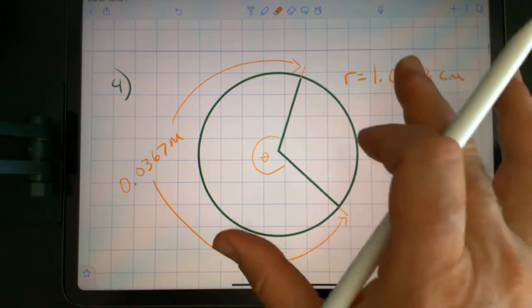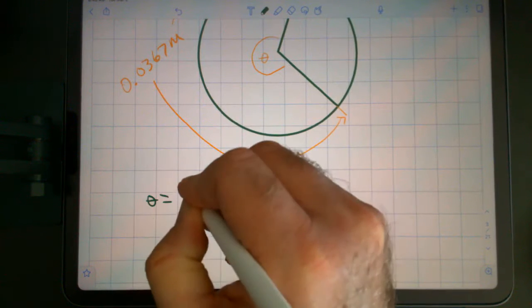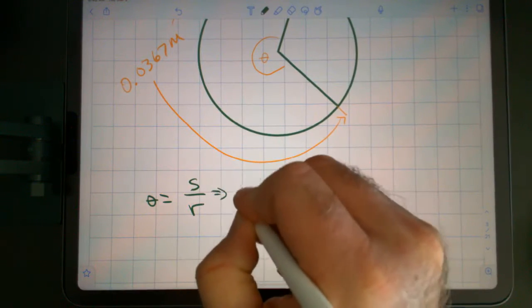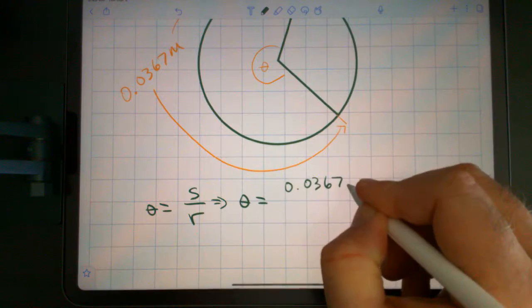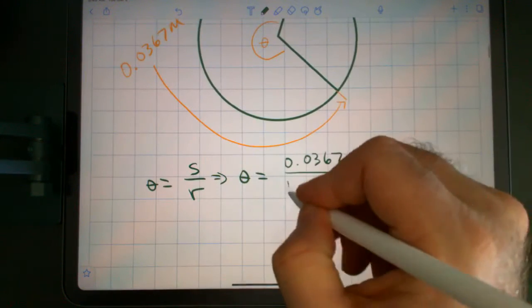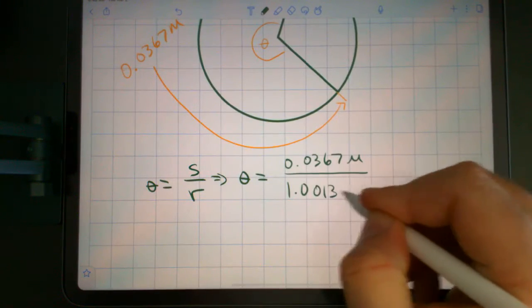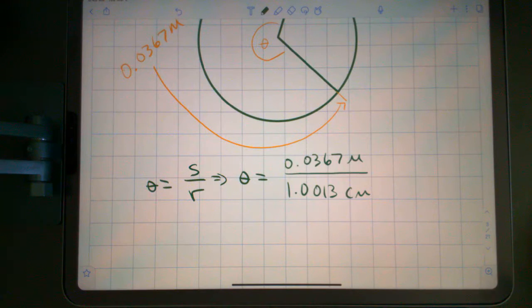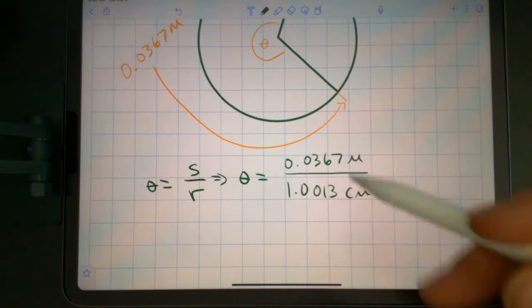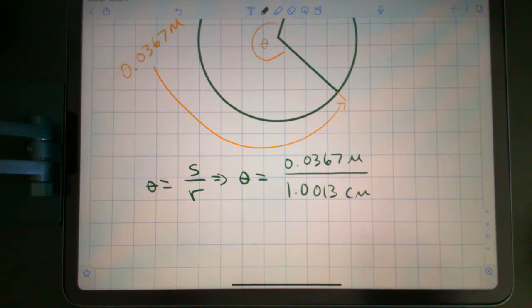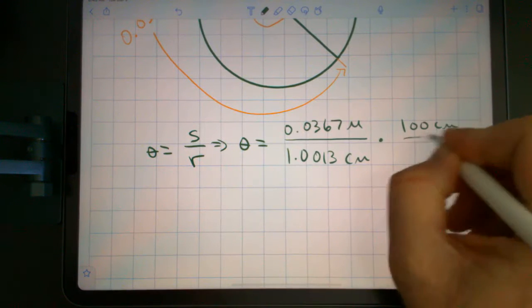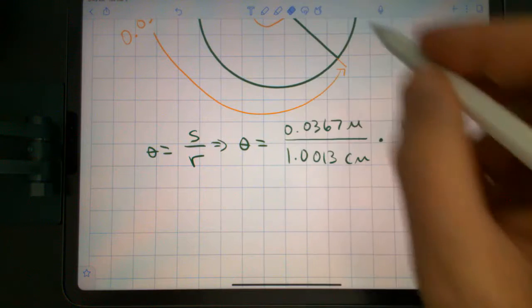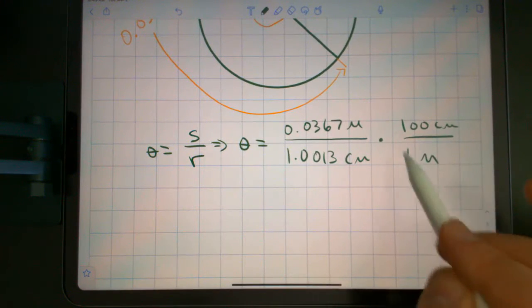All right. This next one here, we have theta is equal to the side length divided by the radius. Here the side length is in meters, and our radius is in centimeters. Technically it doesn't matter which unit you end up with, but the units have to agree. So let's make these into meters. I'm going to multiply it by a funny looking 1.